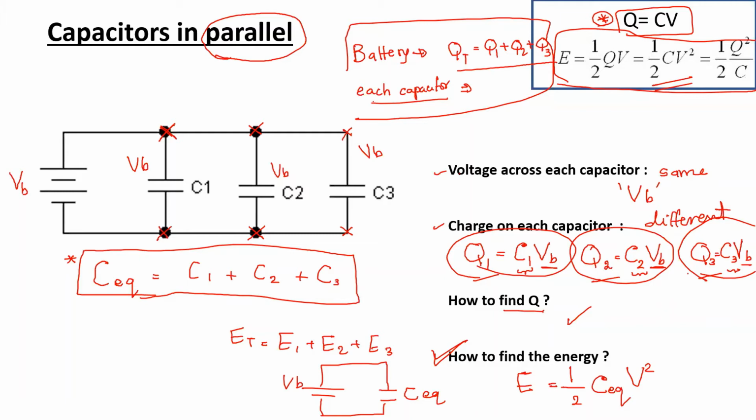So are we okay with this? If you know the answers to these four parts, in both series and parallel, you can do any question in series parallel capacitors. Okay, so let me move to the problems.